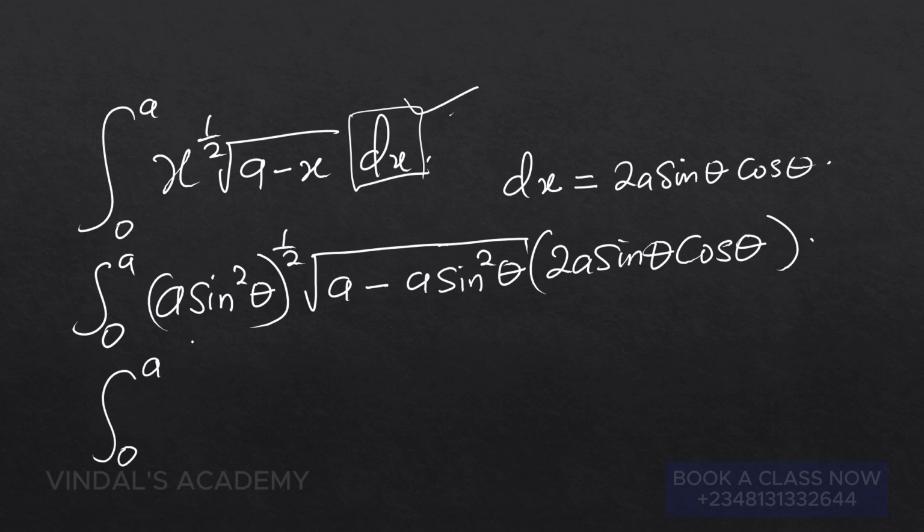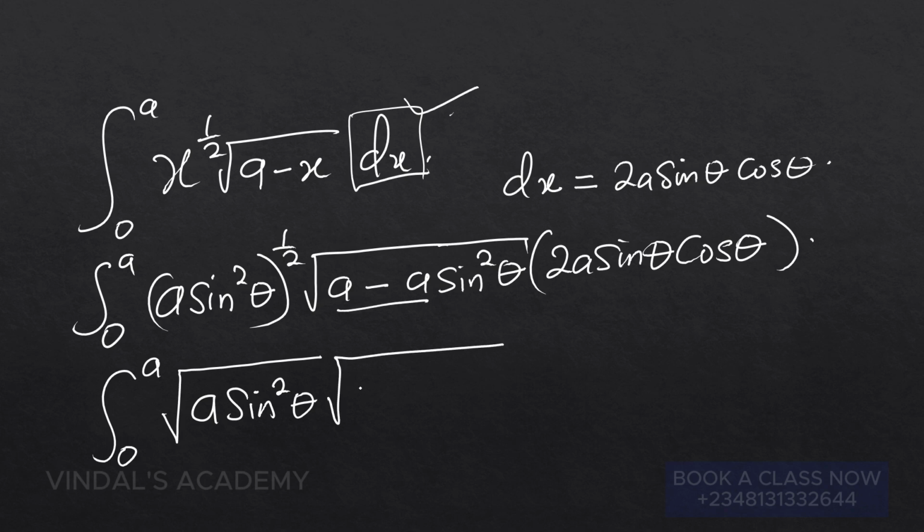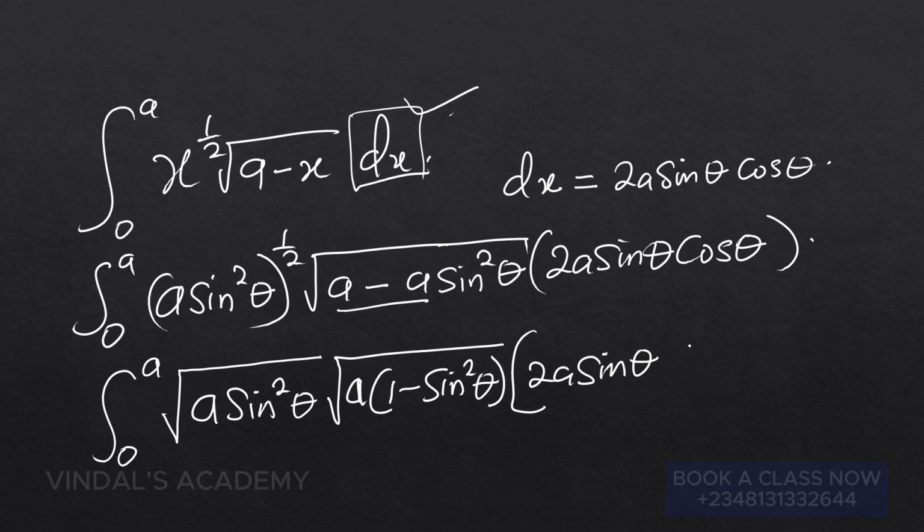So let's do the normal thing. Let's factorize or simplify wherever necessary. Remember, anything raised to power 1 over 2 is a square root, so this is the square root of a sine squared theta. Then I'm going to factorize the other side: a bracket 1 minus sine squared theta, then multiply by 2a sine theta cos theta.